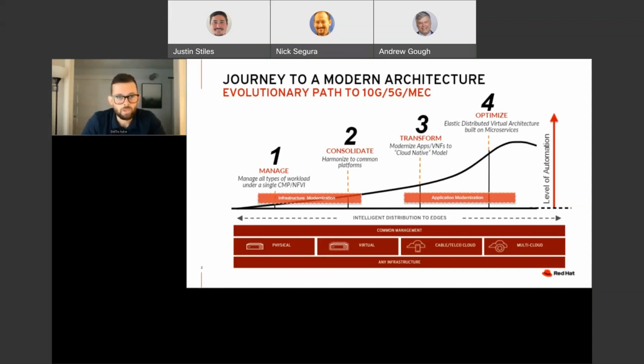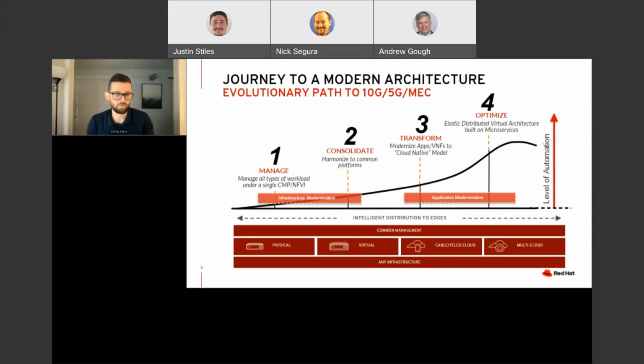And you can look at this evolution as a journey, and cable operators are going to be at varying stages throughout that journey. For example, phase 1 and phase 2 focus on infrastructure modernization, where the emphasis is on cloud management platforms and how to orchestrate things at the NFVI layer, and then into the harmonization of common platforms.